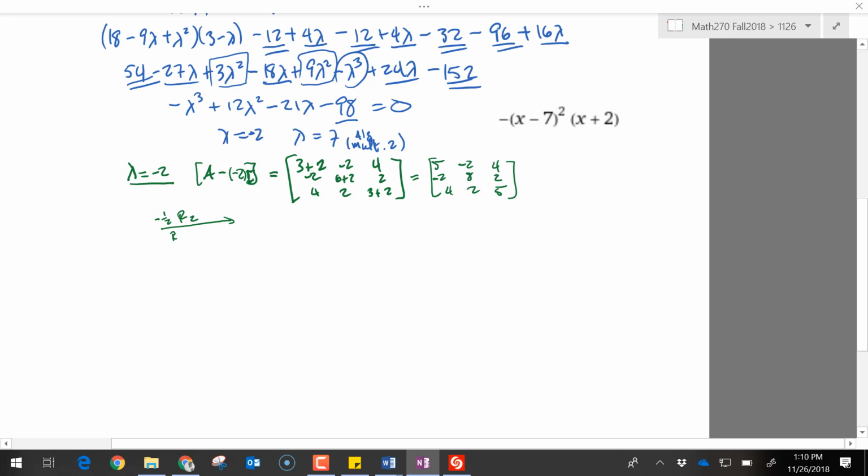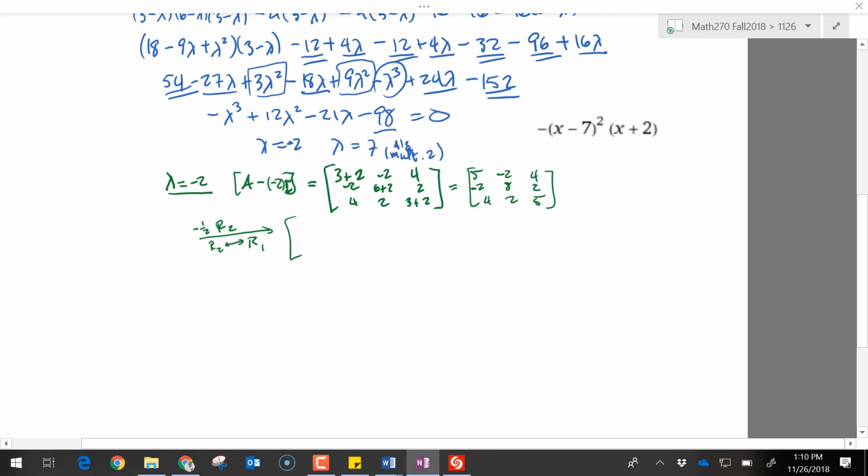So my first row is going to be my second divided by 2, so that's going to be -1, 4, 1, changing the signs. And then I have 5, -2, 4 and 4, 2, 5.